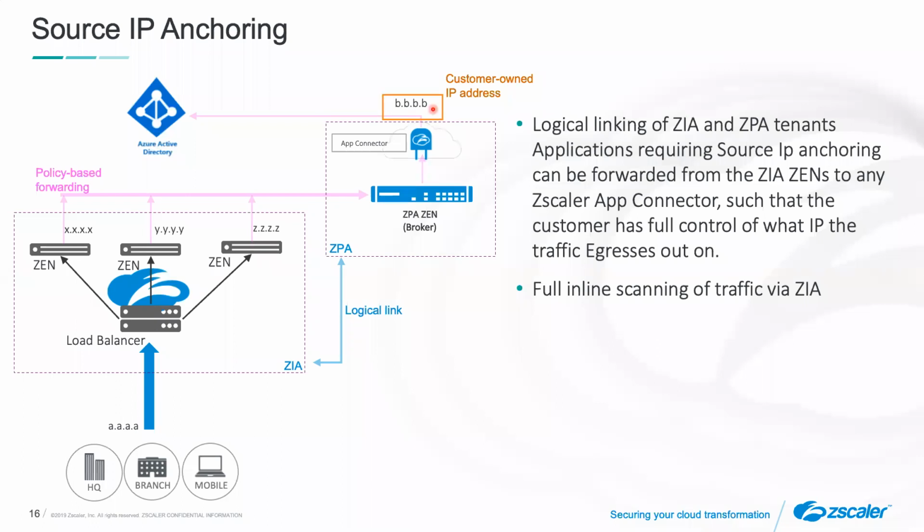So it is unique to you. You can think of this, just to simplify, as NATting your original traffic from this IP to this IP and then presenting it to Azure Active Directory. So now that you own this IP, you can go into the Azure Active Directory configuration and say, I own this IP, so whenever you see traffic from this source IP, always trust that traffic.